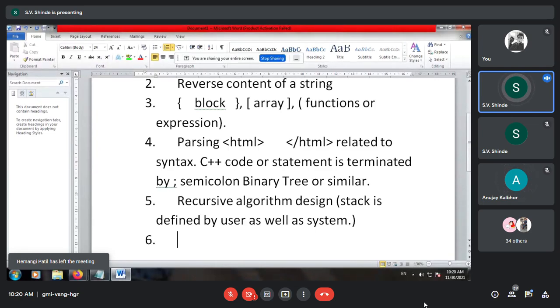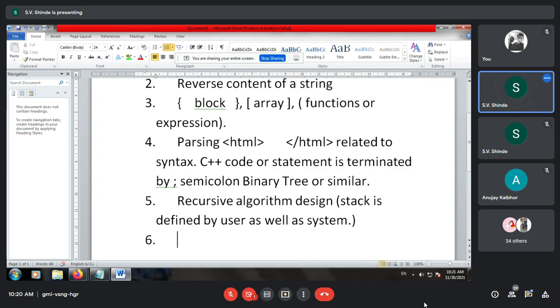Any recursive algorithm or function, knowingly or unknowingly, we are using a stack in compilers. Recursive calls are stored on the stack.